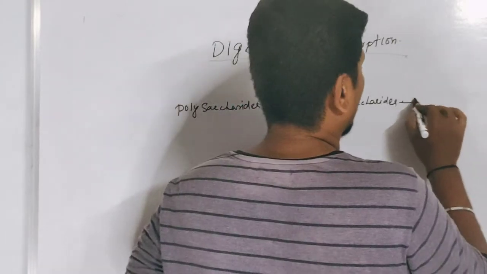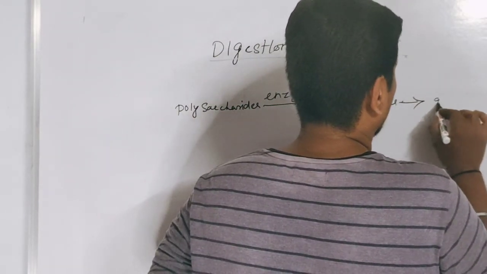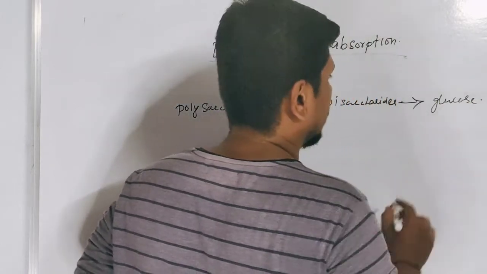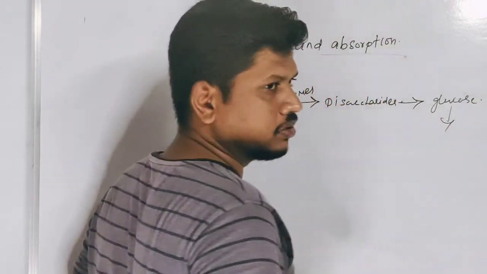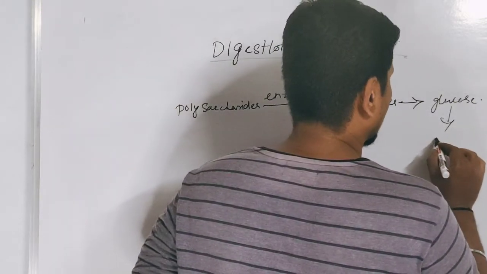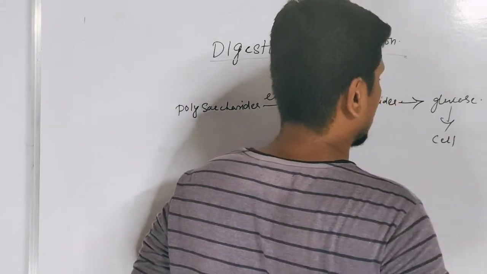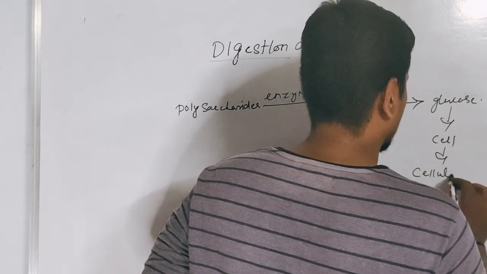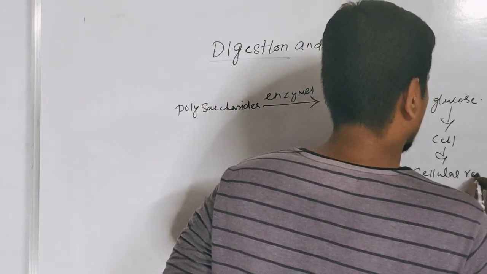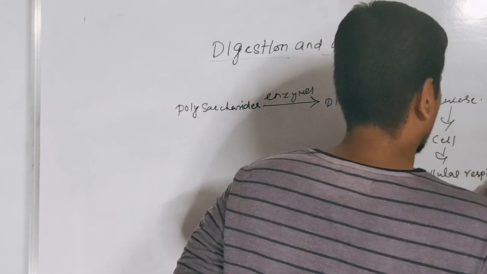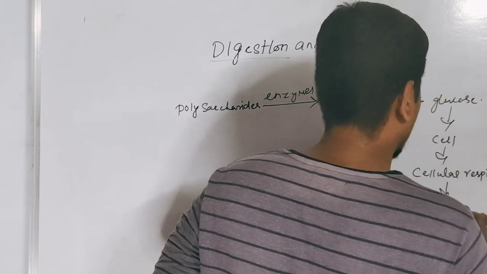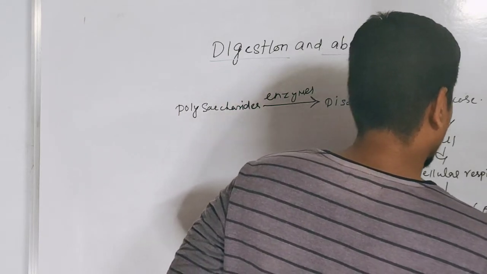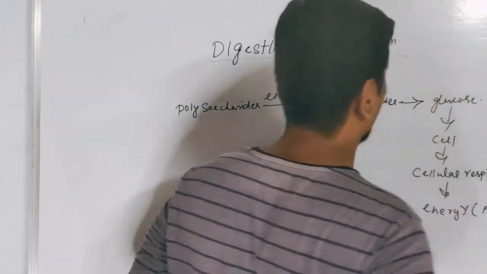Then finally they are converted into monosaccharides, which we call glucose. This glucose is present in all our cells. After cellular respiration, we get energy in the form of ATP, adenosine triphosphate.